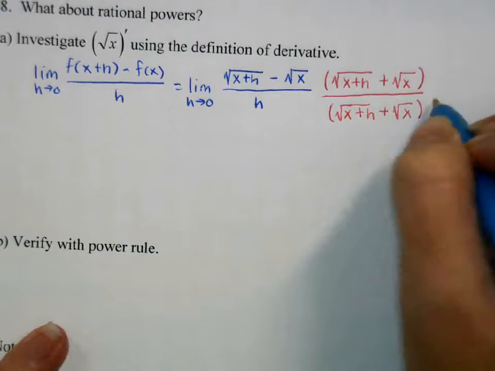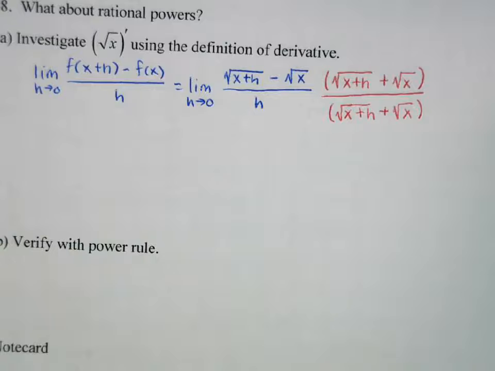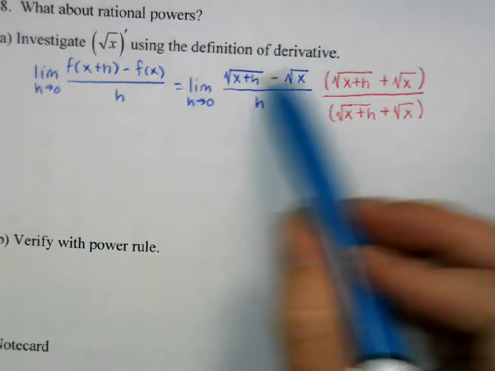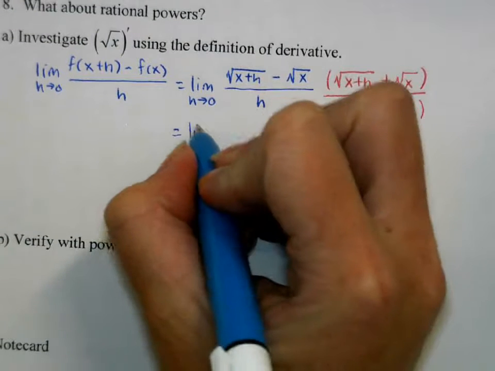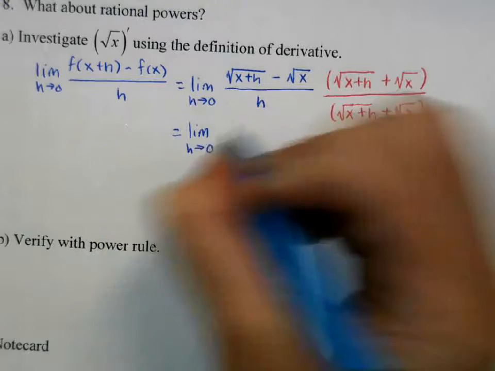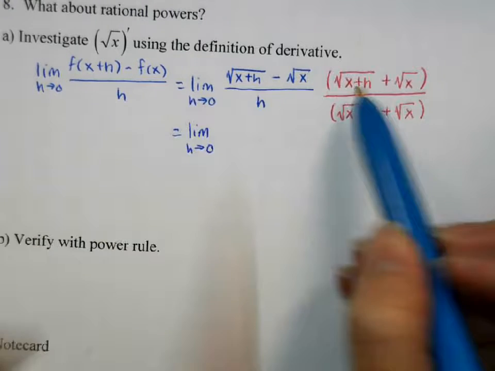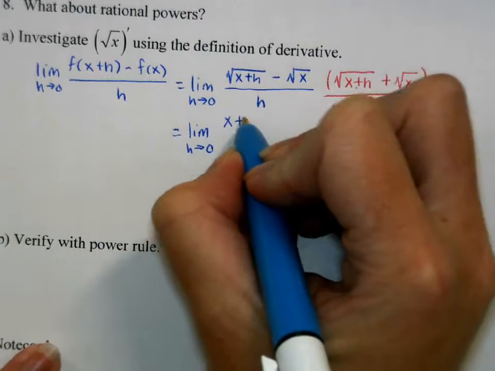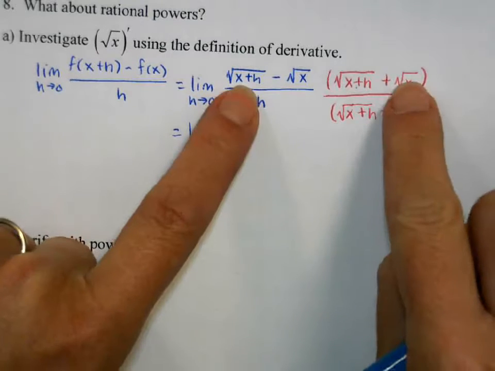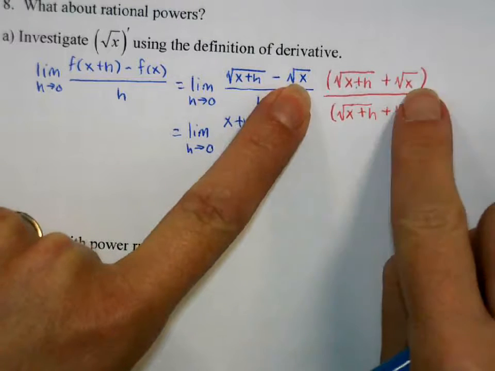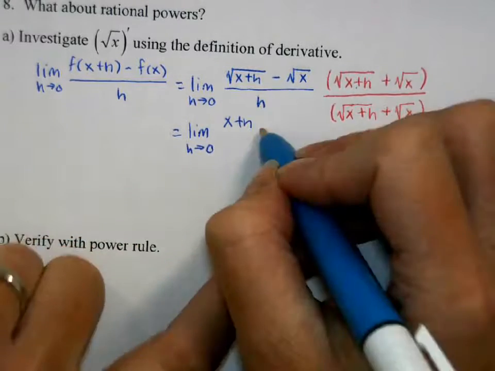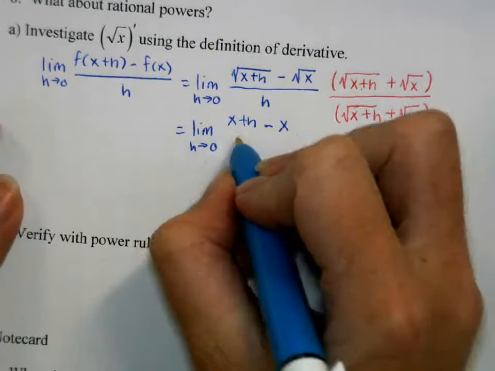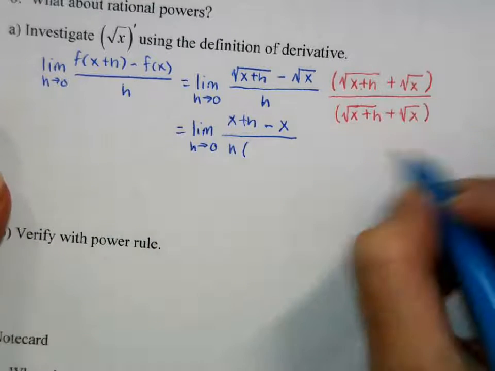Well, when I FOIL this, this times itself is just x plus h. The middle terms, when I multiply that and that, will cancel. So then we're left with negative x over h times, we're just going to leave this alone, the square root of x plus h plus the square root of x.